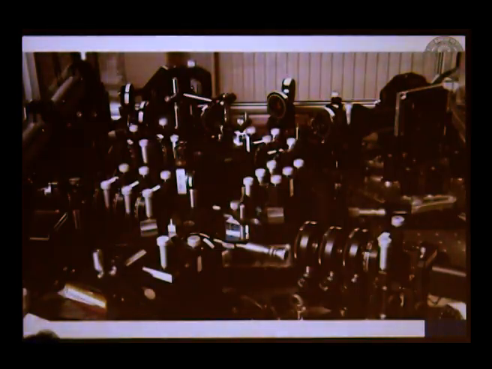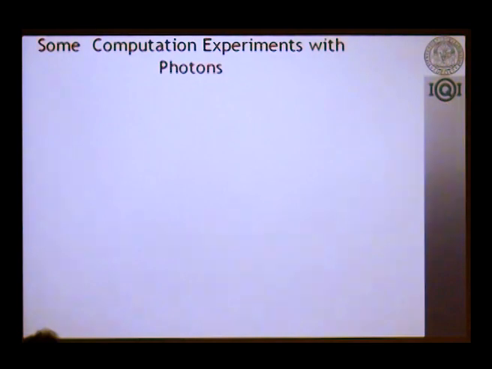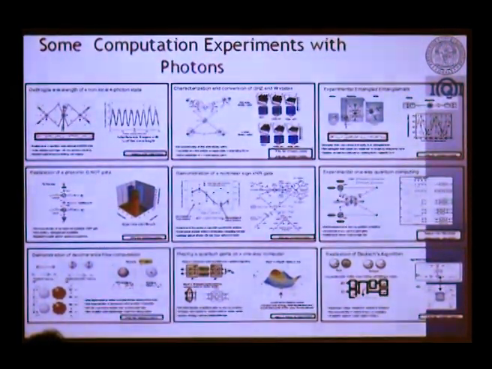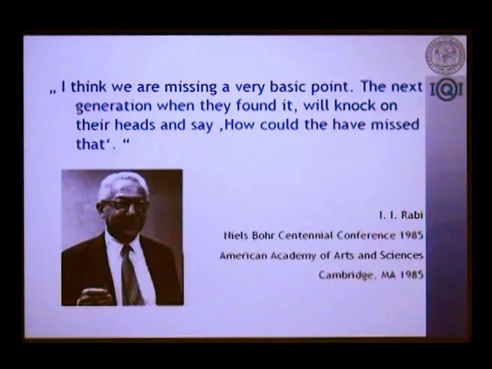Here's a picture of the system which we have across the street here, and here's a list of some of the quantum computation experiments done with this, but I don't want to go into details. I want to come back and conclude my talk about the basic point.